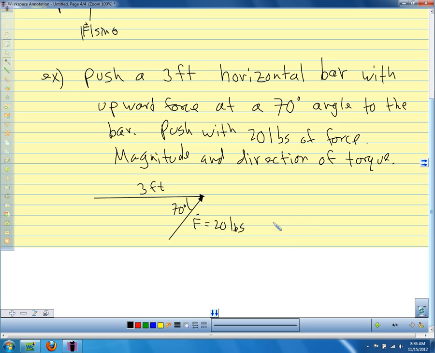All right. So the magnitude of the torque is the magnitude of PQ cross F, which is just the magnitude of PQ, times the magnitude of F, times the sine of our angle. The magnitude of PQ is just the length of our wrench.